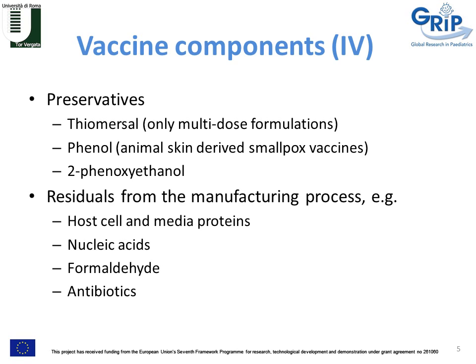And besides these excipients, there's another group of substances which is found in any vaccine, and these are the residuals from the manufacturing process. And those residuals may be host cell and media proteins from cells that were used to replicate vaccine virus strains. Media proteins may be derived from fetal calf serum or from other proteinaceous additives.